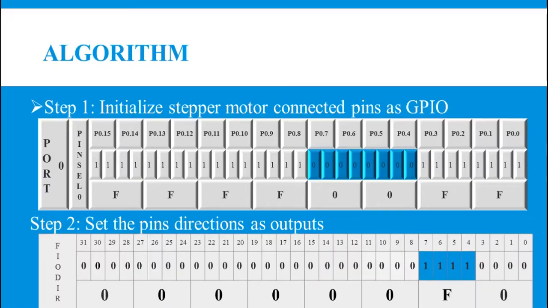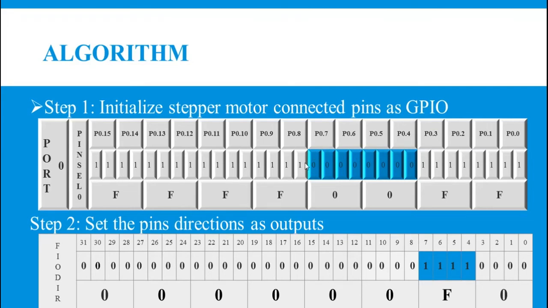After this, as usual, you have to configure the required pins as general purpose input output pins. Here the pins identified are 4, 5, 6 and 7 of port 0. So these port pins have to be configured as GPIO. So the corresponding pin selection register must be chosen. Since these pins pertain to port 0 and are within 0 to 15, obviously you have to take the pin selection 0 register.